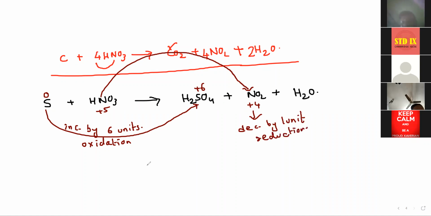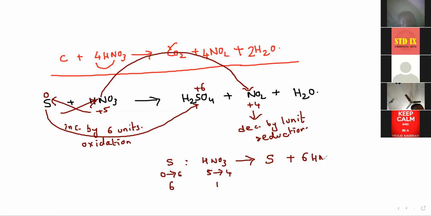So as per my conception, sulfur and HNO3 should react in the ratio, as I told you, by cross multiplication. The change from 0 to 6 and the change from 5 to 4. So it should be 6 and 1. So S and HNO3 should be like S plus 6 HNO3.